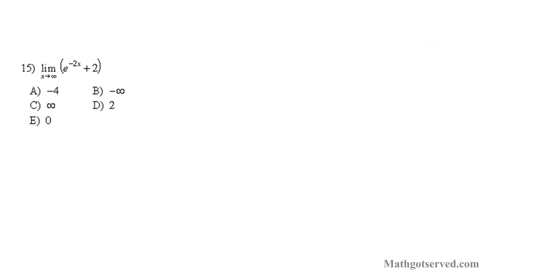Okay, let's take a look at question number 15. So this is an infinite limit that we can evaluate by direct substitution also, okay? So if we plug in infinity for x, we're going to have e to the negative 2 times infinity plus 2. If we simplify that, we'll have e to the 2 times infinity, which is infinity, plus 2, okay?